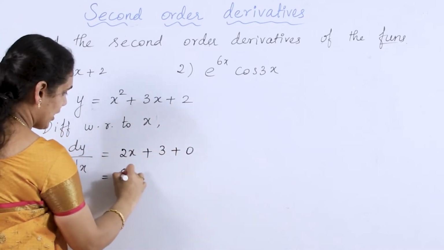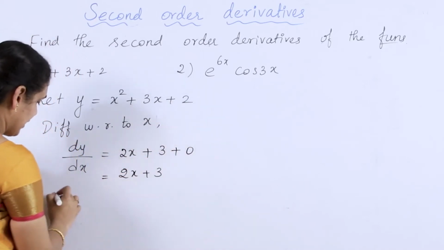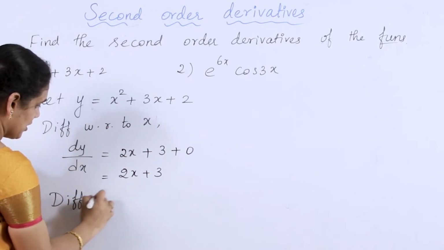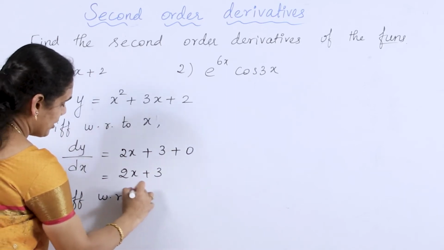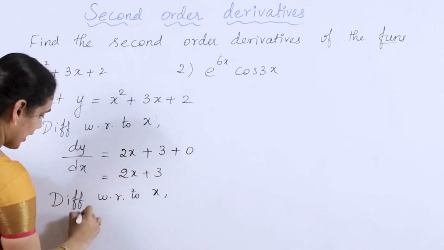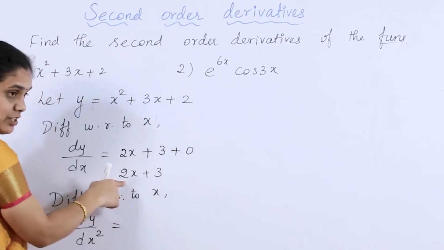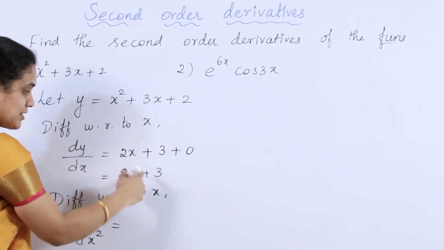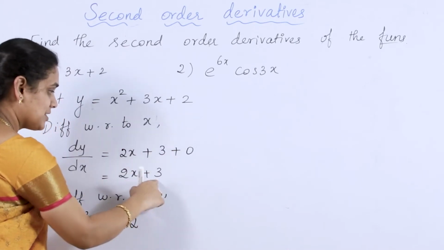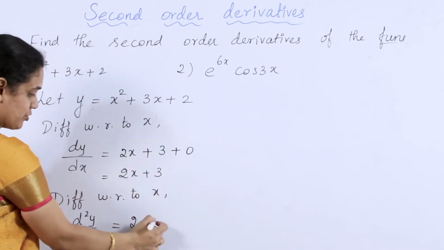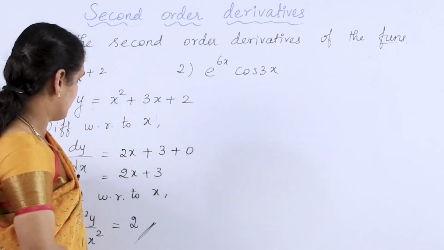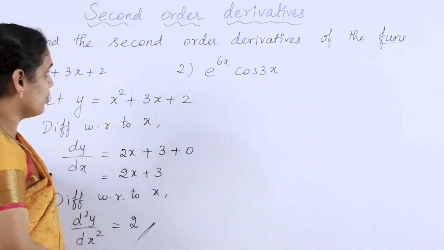So it is 2x plus 3. And again if you differentiate this dy by dx with respect to x, we get d square y by dx square, which is equal to 2x differentiation is 2, plus 3 is a constant, so it becomes 0. So this is the second order derivative. This is how we get the second order derivatives of the polynomial.